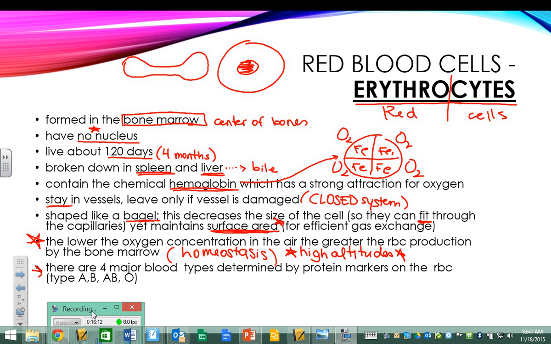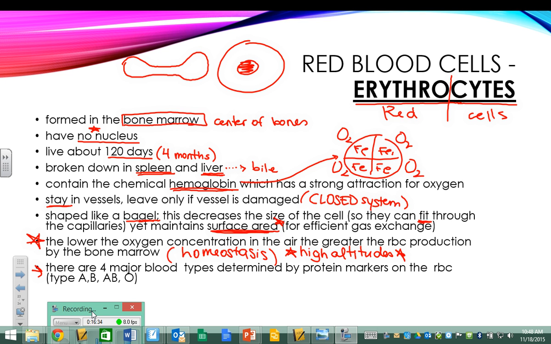Now, the next thing we have to talk about is blood type. This is the thing where there's a really good picture of it in your textbook. So if you haven't already printed out notes where there is a picture, if you wanted to find page 296 of your textbook, it's going to illustrate what the different blood types look like.